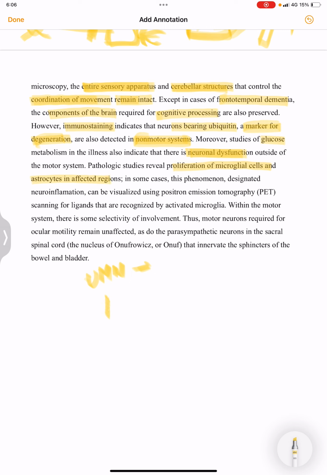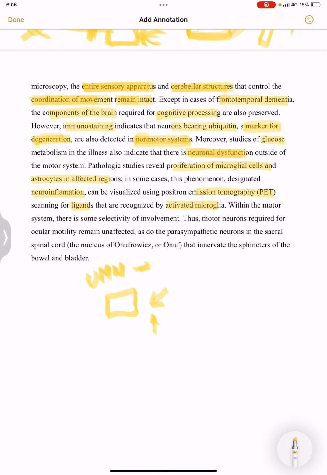So the motor neurons will be degenerated, and there will be proliferation of microglial cells and astrocytes. This phenomenon is called neuroinflammation. It can be visualized using PET scanning for ligands recognized by activated microglia.